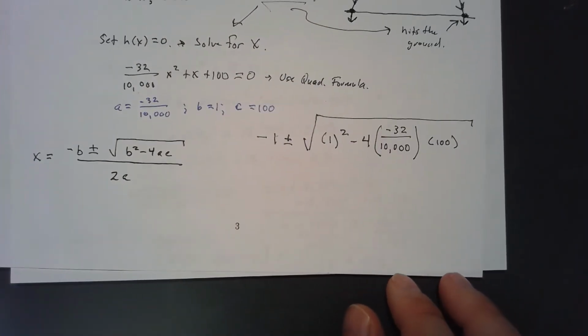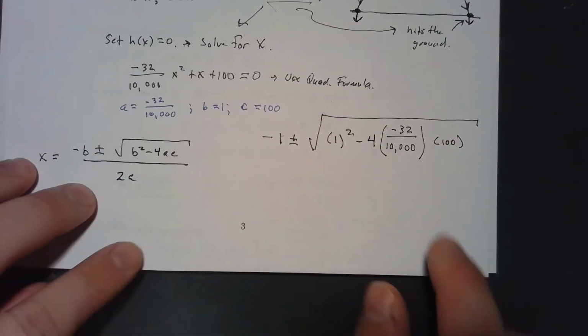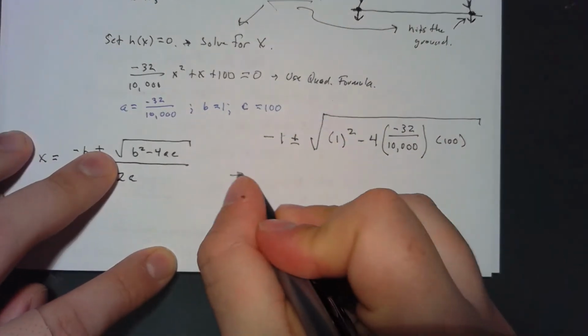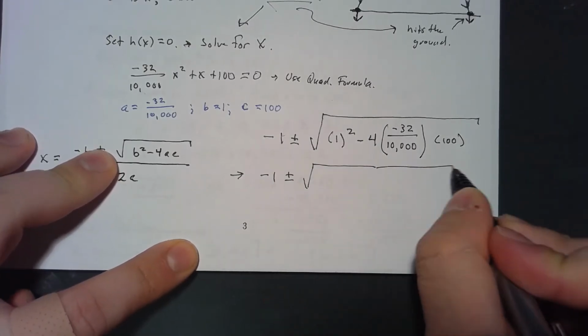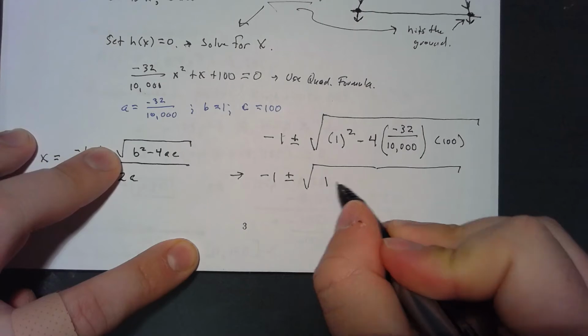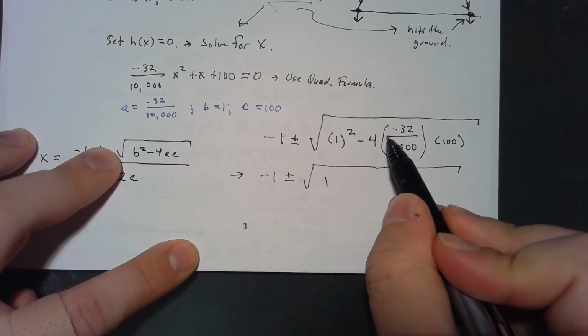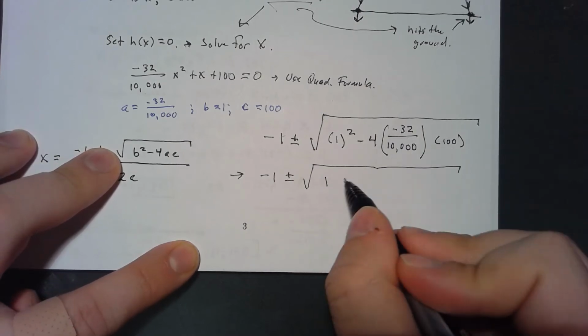All right, let's simplify this down as much as we can. So 1 squared is 1, obviously. Now I have a minus times a plus, which gives me a plus.